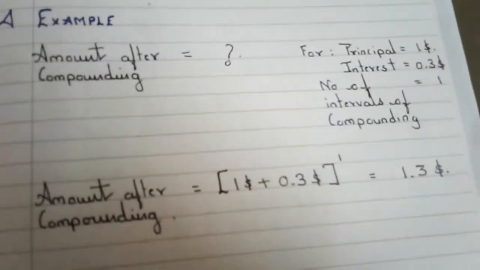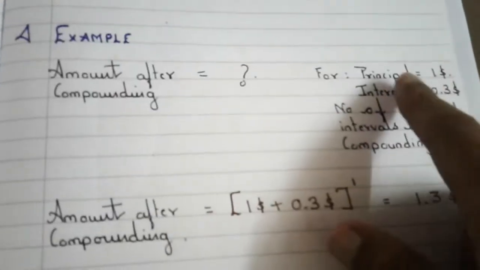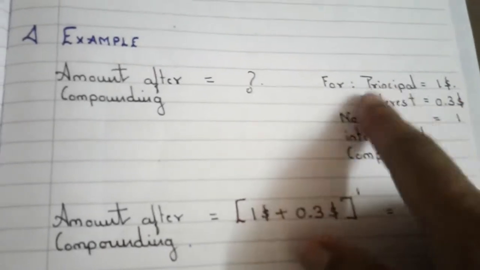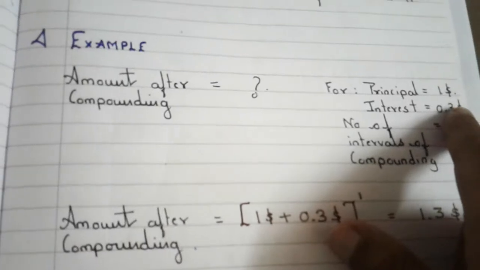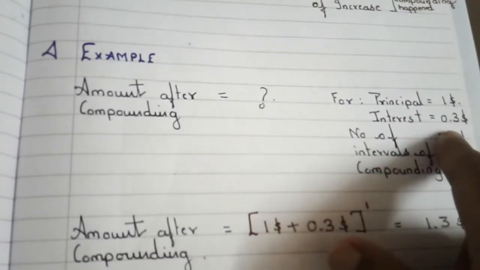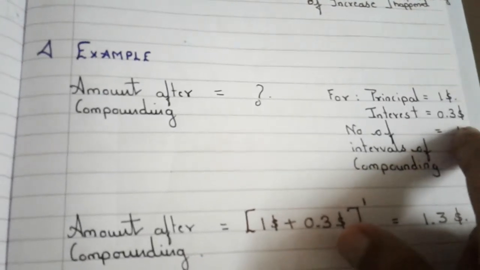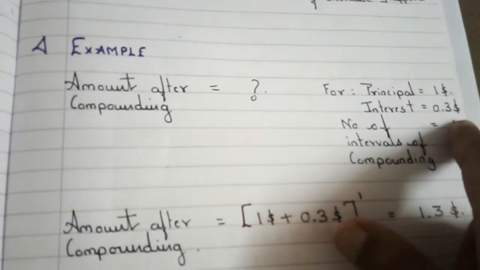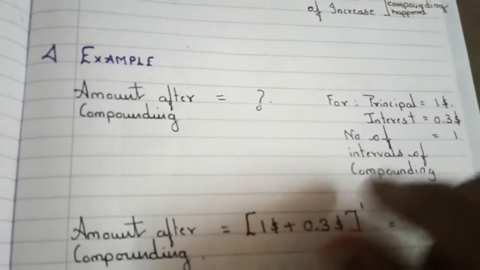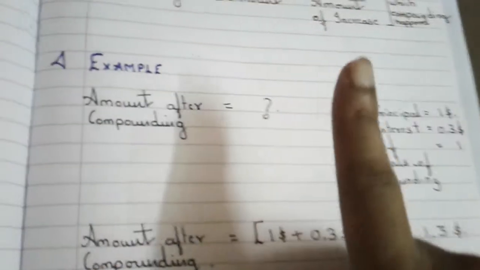For example, let's take an example in which the principal amount is $1. That is, you have put $1 in the bank. The interest that you are getting is $0.3, that is 30 cents, and the number of intervals in which compounding has taken place is only one.